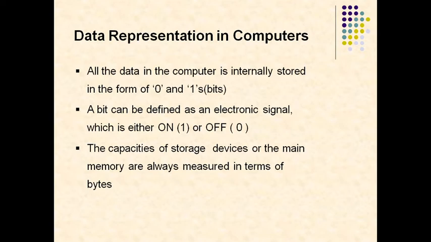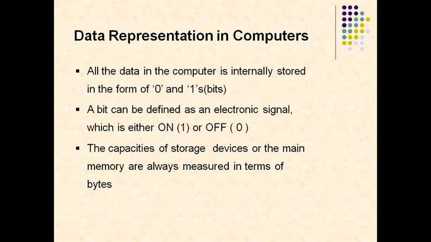A bit can be defined as an electronic signal which is either on or off. The capacities of storage devices or the main memory are always measured in terms of bytes.